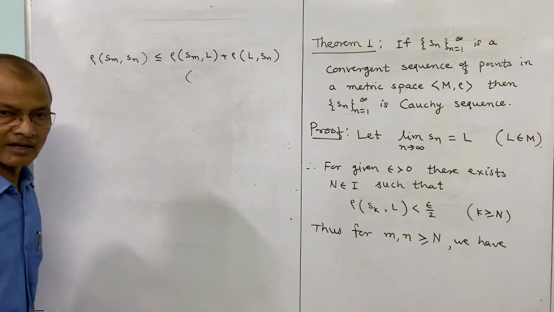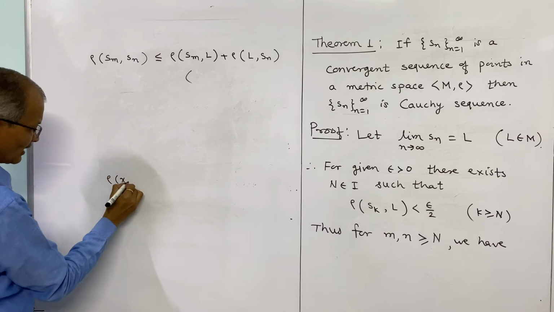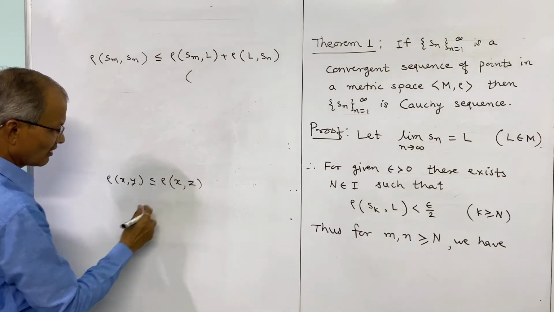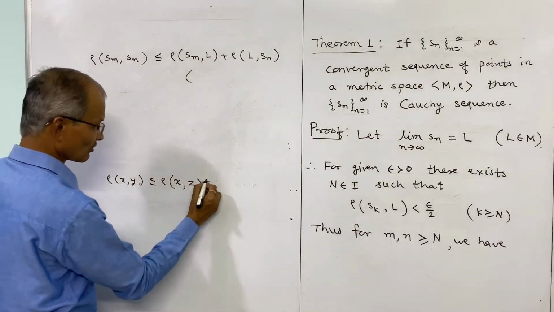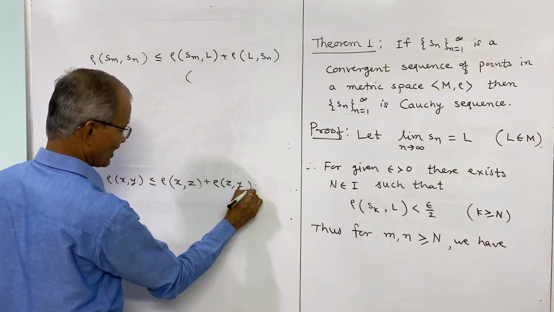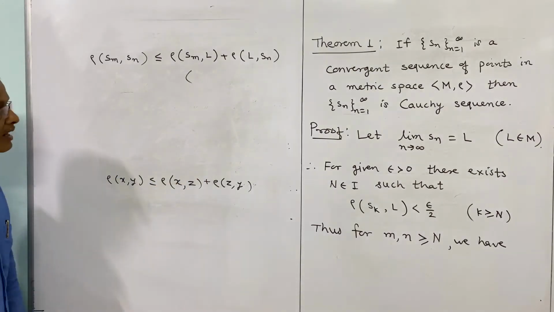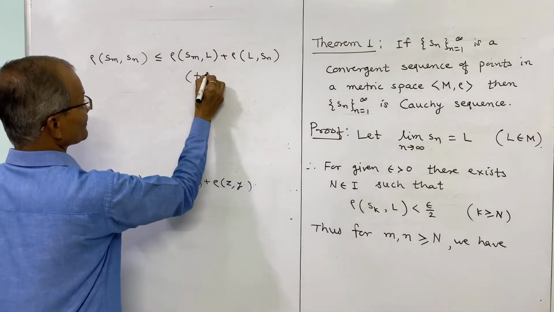So this is the triangle inequality. We have rho of x and y is less than or equal to rho of x and z plus rho of z and y, where z is an intermediate point. In place of z here, we have considered L.